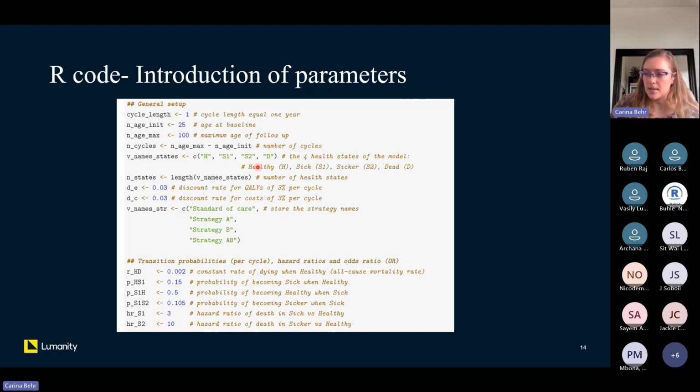We also have the discount rate of the effects and the discount rate of the costs. We also have a vector with the names of the different strategies, and some other input parameters that we'll also use later.